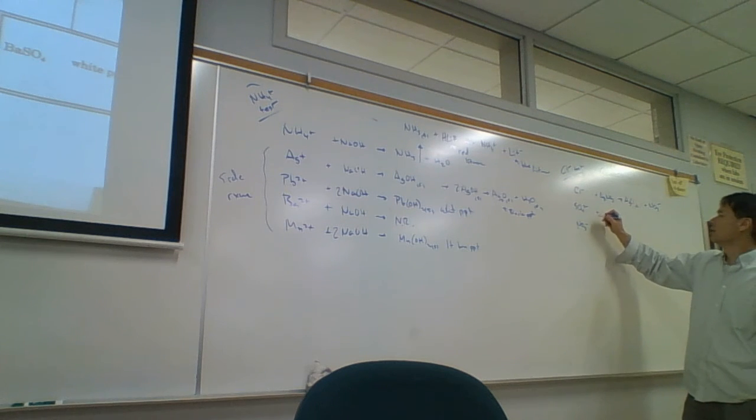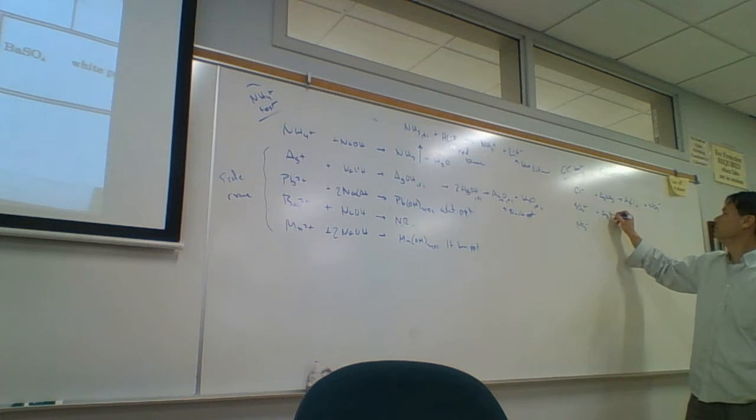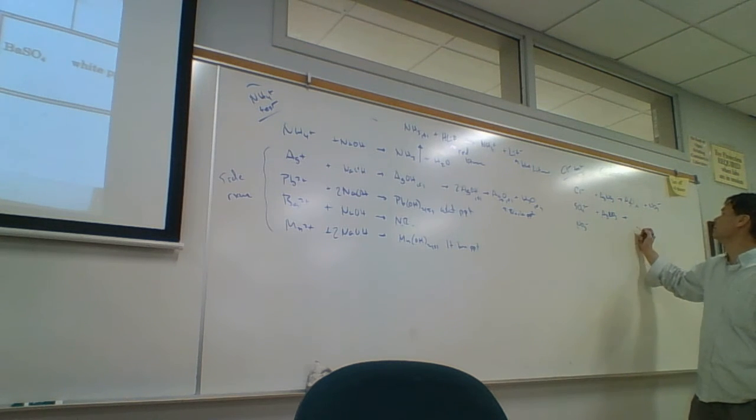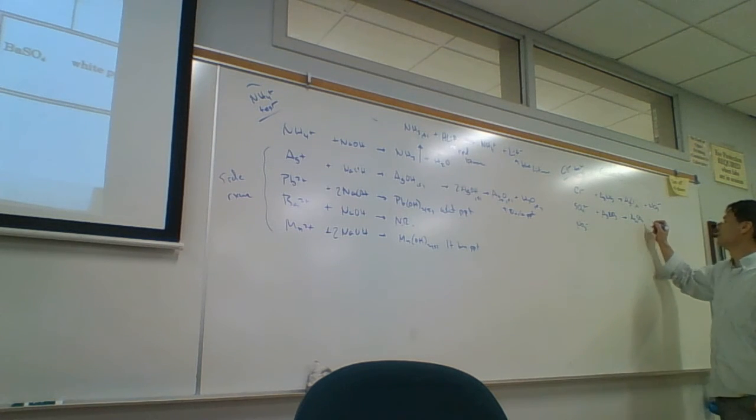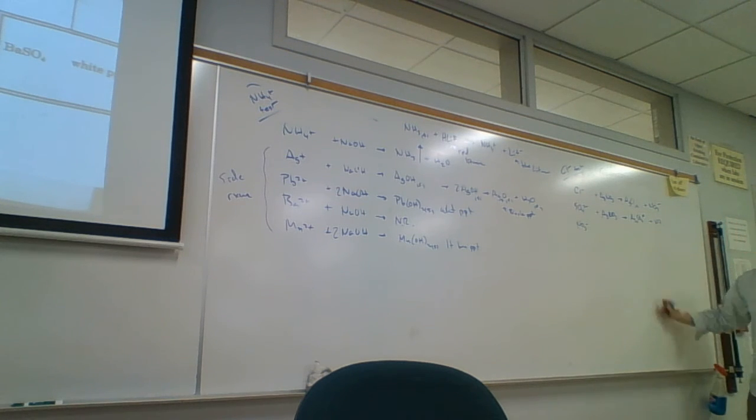When we add it to sulfate, we expect to precipitate here, but silver sulfate is borderline soluble. And so we end up with no reaction here. Silver sulfate is on the border.